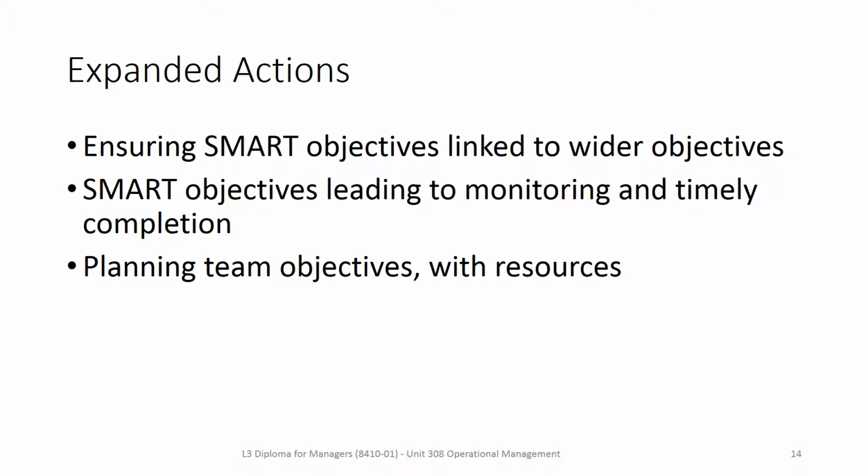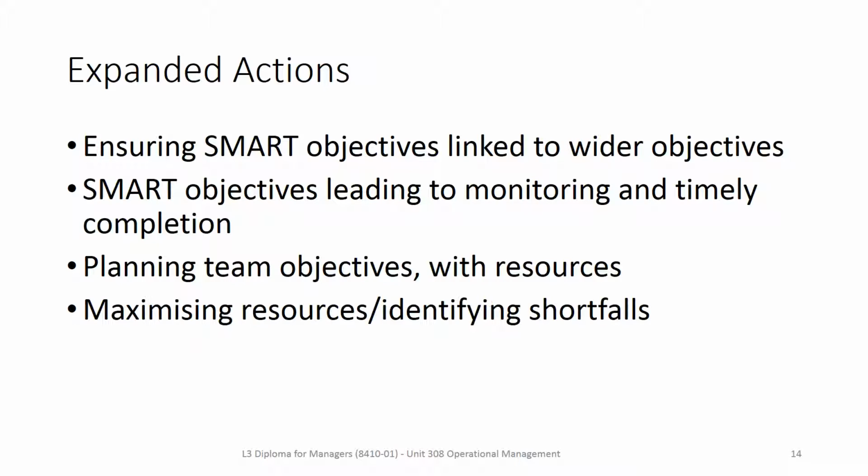So we'll need to make sure those resources are in place, and that'll be about maximising resources and identifying any shortfalls. There may be busy periods for orders, periods when they can't access the system, or if it's production and manufacturing, it may be the use of equipment, planned outages, knowing when we can get hold of stuff.